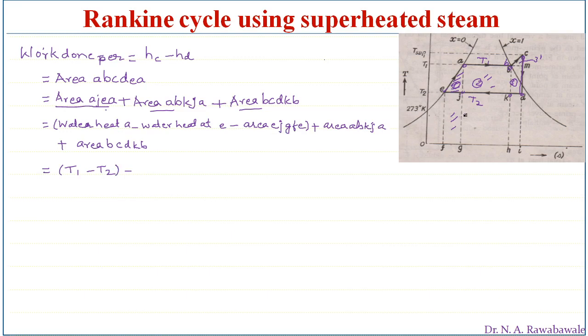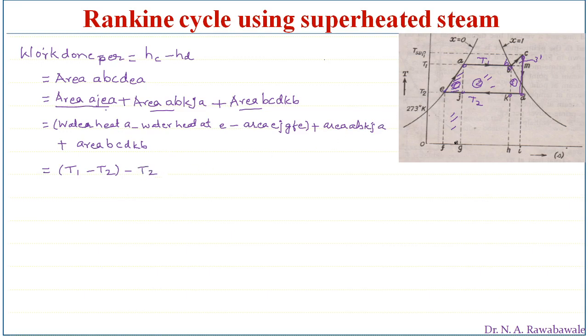So entropy at J is equal to entropy at A minus entropy at E. So here it can be written as, this is at temperature T2.